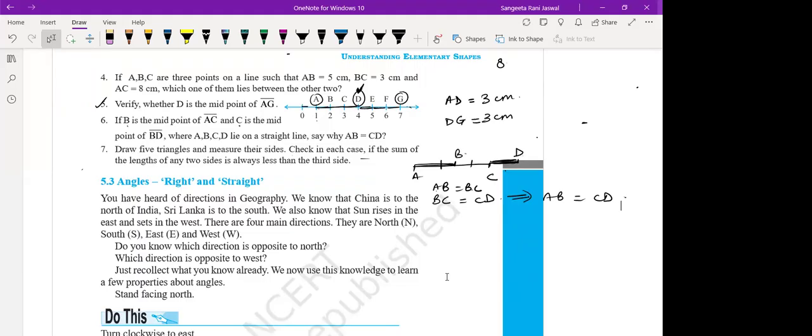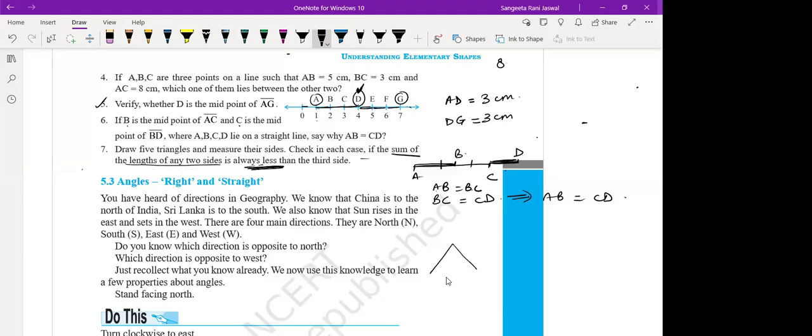Okay, now see this question number 7. Draw 5 triangles and measure their sides. Check in each case if the sum of the lengths of any two sides is always less than the third side. It's saying the sum of the lengths of two sides is always less. Is it? So you have to check by making 5 triangles.